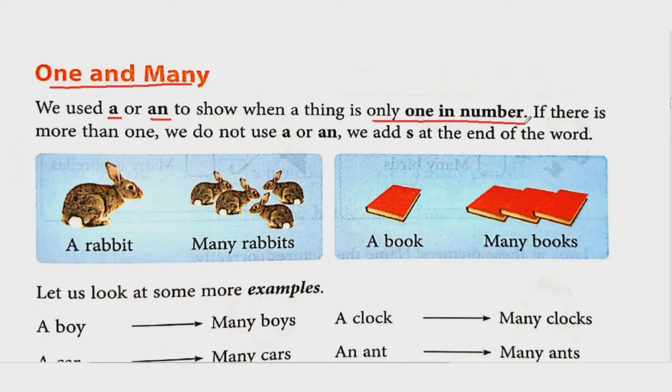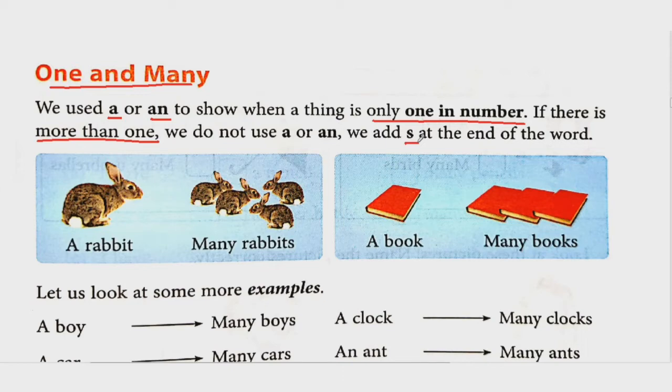In the previous video we saw that if something is only one, meaning it is one and only, then we will use a or an. If there is more than one, we do not use a or an. We add s at the end of the word. मतलब जब कोई चीज़ एक है तो आप a या फिर an यूज़ करोगे.